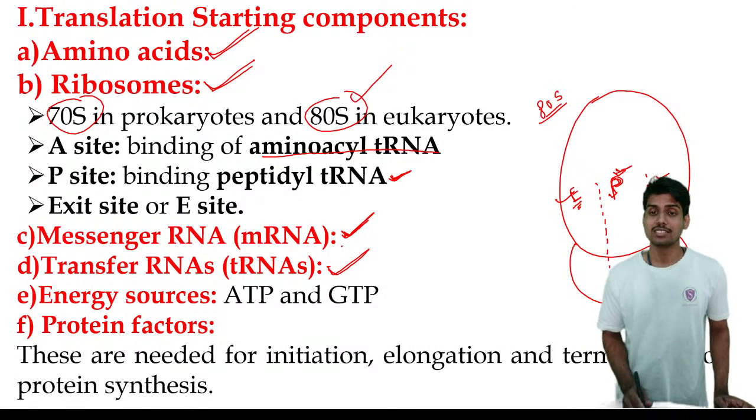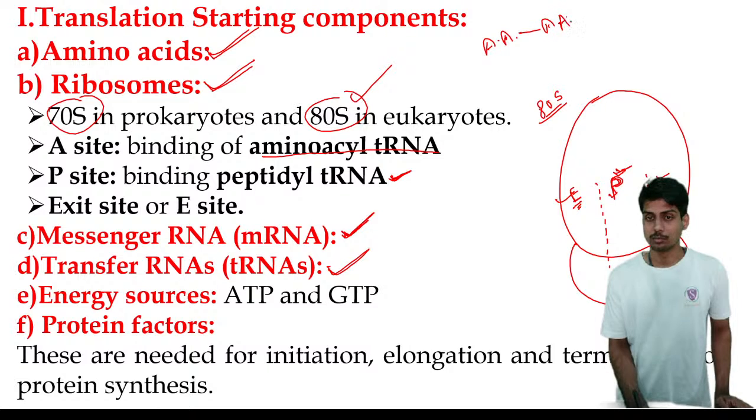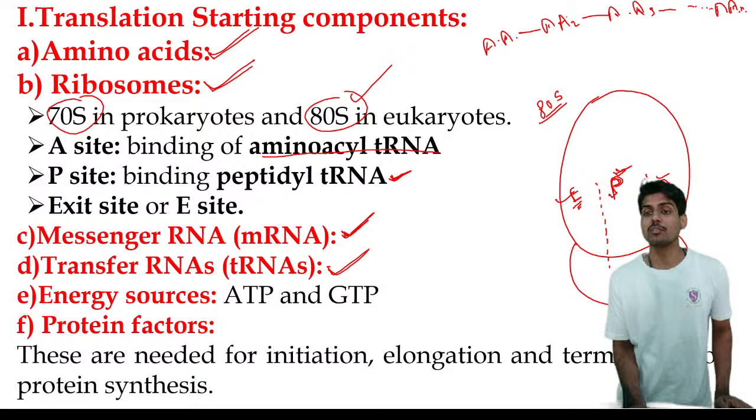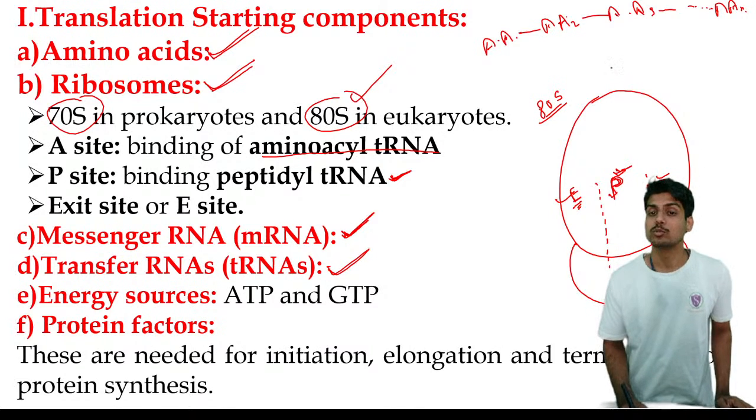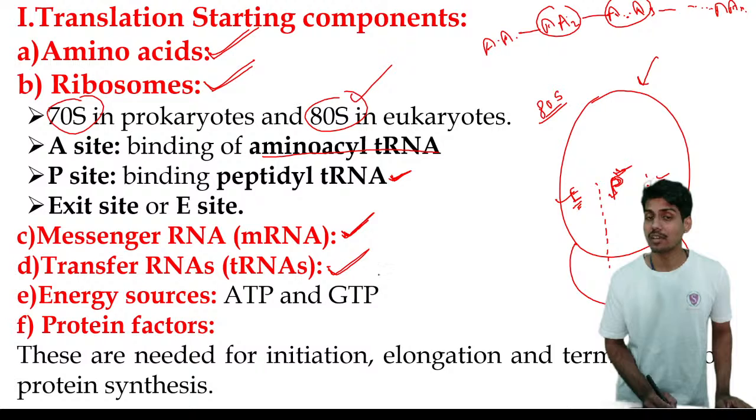As this entire protein is going to be formed out of amino acid one, amino acid two, then amino acid three, such a long chain of amino acids is then called a protein. These individual amino acids are carried over to this machinery by tRNA. Okay, so obviously they are going to be required.